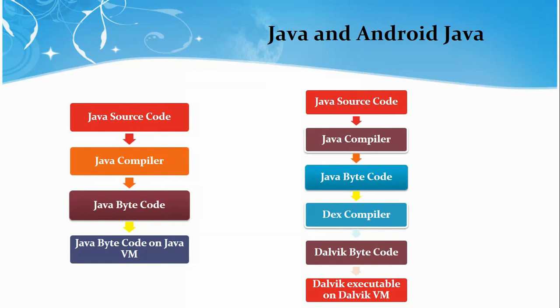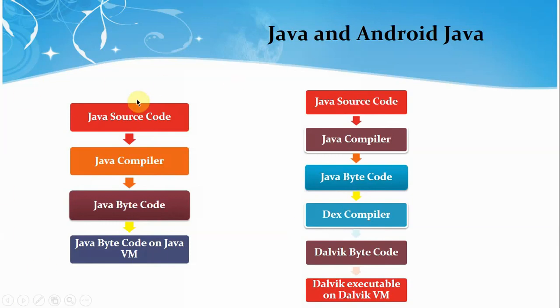Okay, java space file name. That's all. Technically, it is java space class name. You run that and you get the output. So when you write java space file name or class name, that java.exe will call the virtual machine, pass this class file and execute it on the Java virtual machine and give you the output. This is what we typically have seen so far with respect to regular Java.